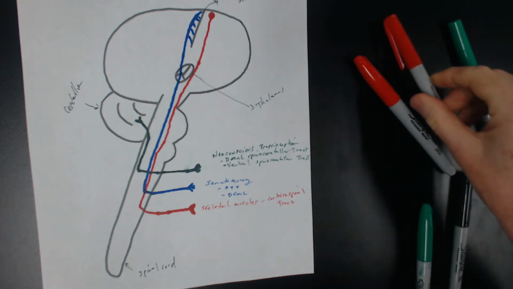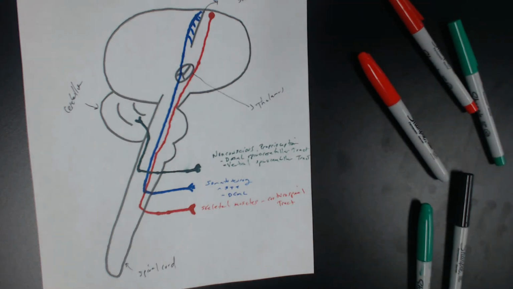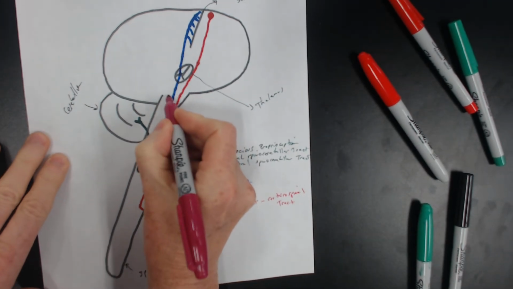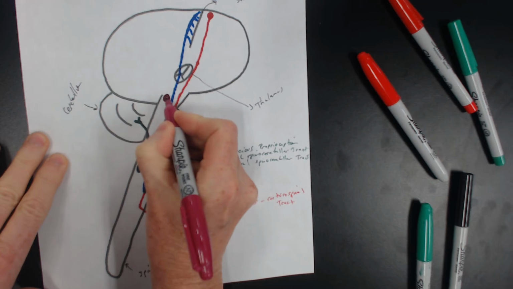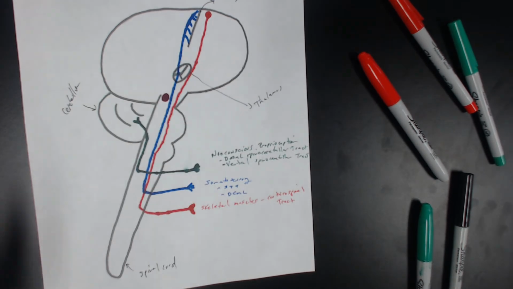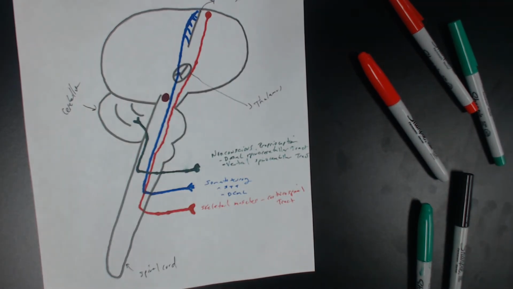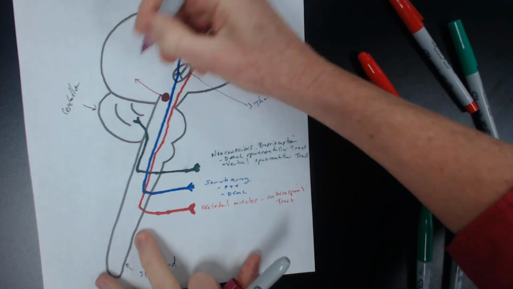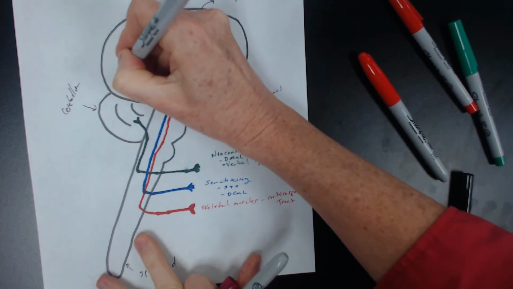In the midbrain, we're moving on down to the non-conscious awareness tracts that you need to be aware of. Here in the midbrain, you have this special nucleus I've drawn before. Keep it the same color throughout. It's called the red nucleus, and it's present in the midbrain.